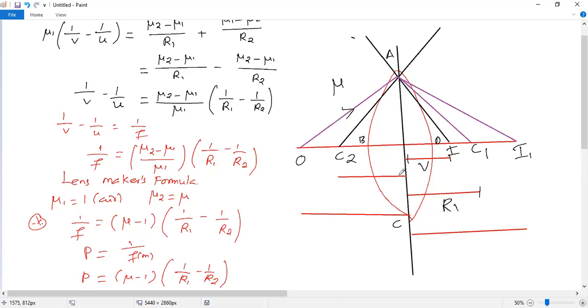This is radius of curvature R2. Object distance U. Image distance for the second one, this is V1. Refractive index mu2.